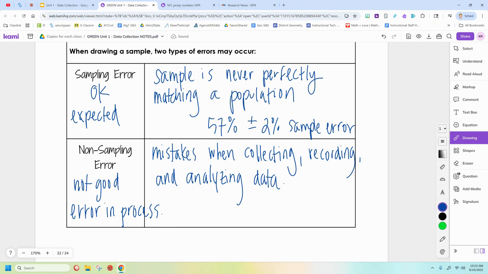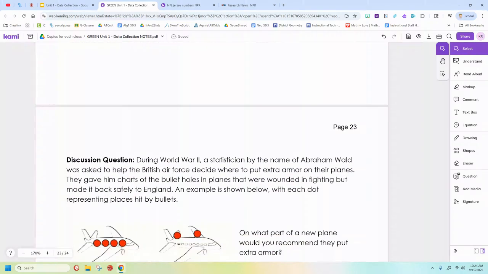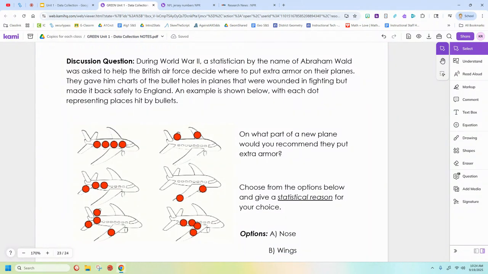Okay? All right. So then the last thing is one more type of bias, which is on the next page, and it's connected to a pretty interesting story from history. During World War II, a statistician by the name of Abraham Wald was asked by the British and U.S. Air Forces that were in England to help with the idea of how to get more planes that have flown from Britain over to France and towards Germany.